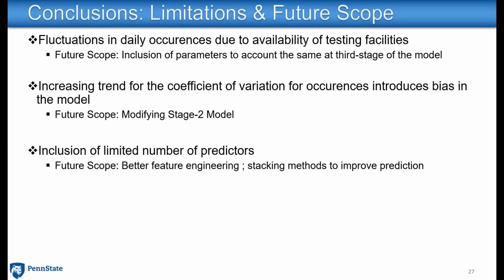Similarly, the occurrences observed over every day showed an increasing trend for the coefficient of variation. That also needs to be accounted for in the regression model, that is the stage 2 model. And given the time sensitivity and the purpose of the research, we included a limited number of predictors.